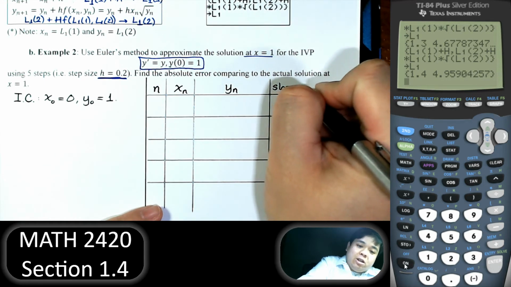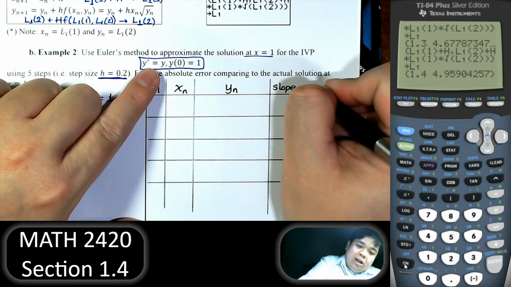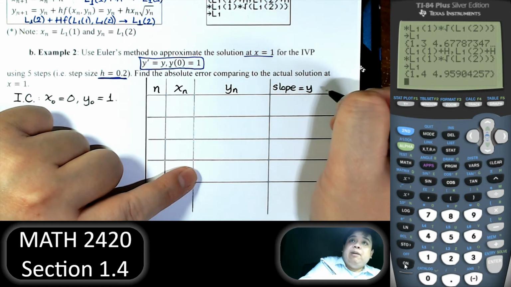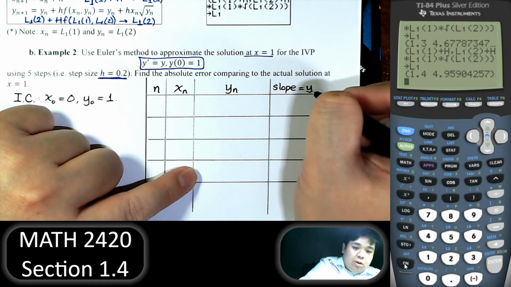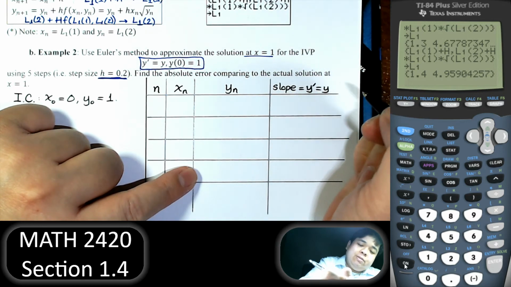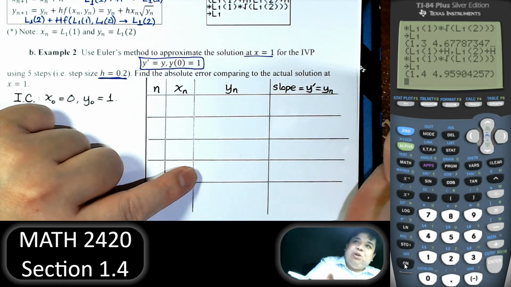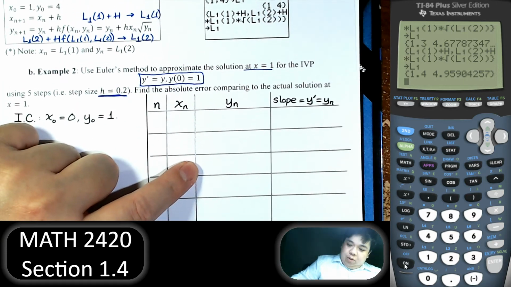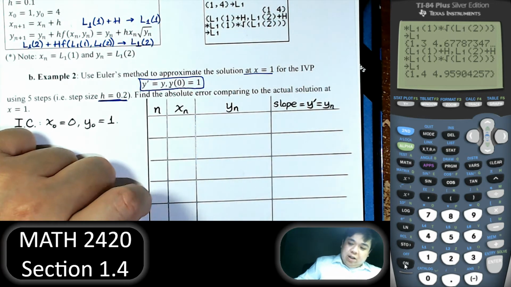Luckily, the slope is just equal to the function, which will be just y. y prime is equal to y, y sub n if we want to. Right. And then the Euler method, this will be updated.